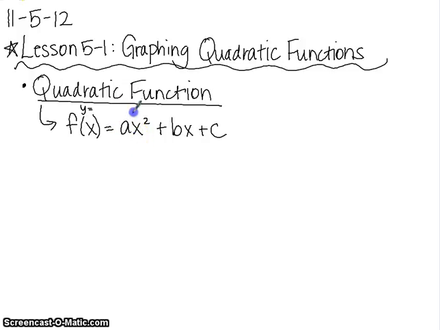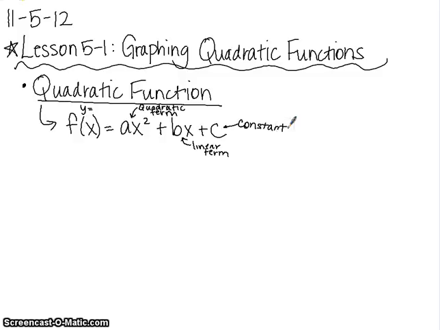This ax² is what we call the quadratic term. The bx is what we call the linear term. And the c is the constant. That just means that there's no variable attached to it.